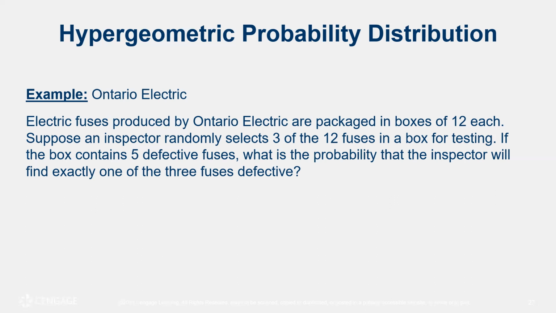So if I pull out a defective, now the number of defective fuses in the box is different for the second pull. Does that make sense? Or if I pull out a non-defective, in other words, by pulling out of a box of something, I'm reducing the quantity that are in the box. And so each time I make a change to it, then I'm changing the probability. Does that make sense? That's what dependency means in a statistical sense.